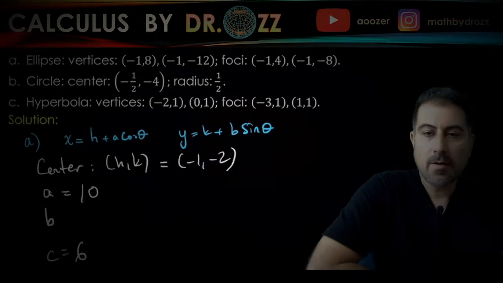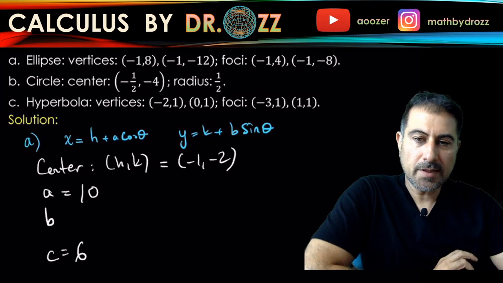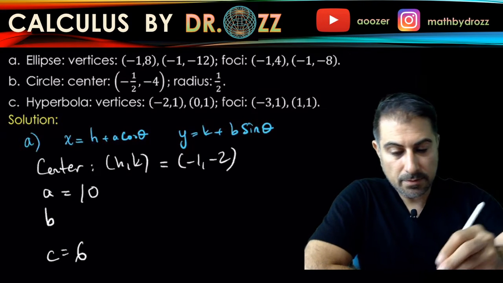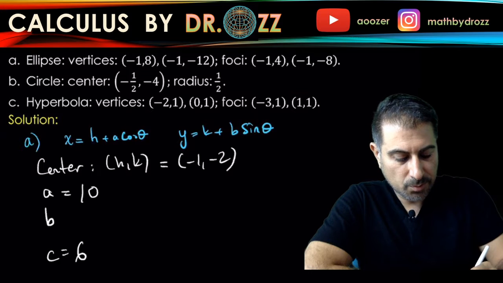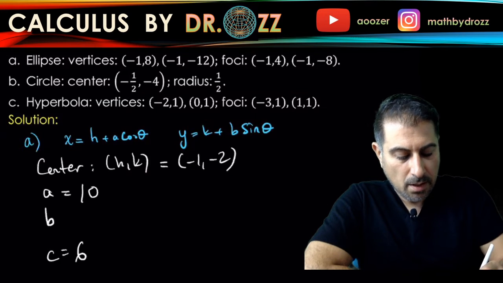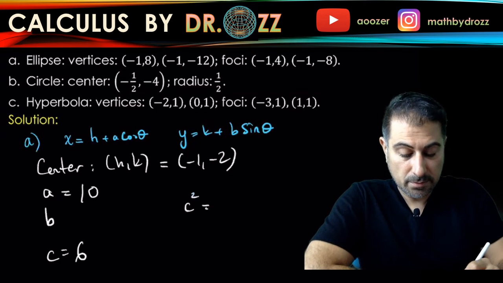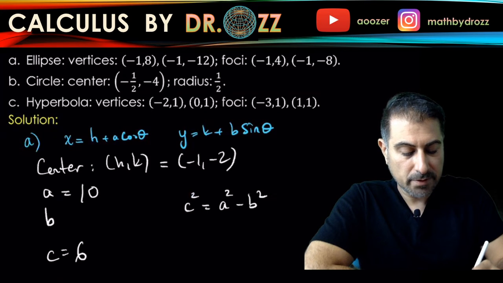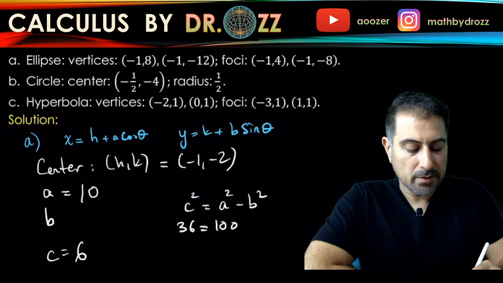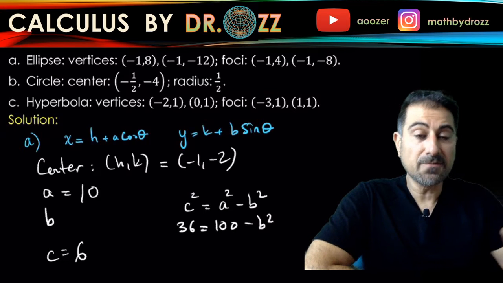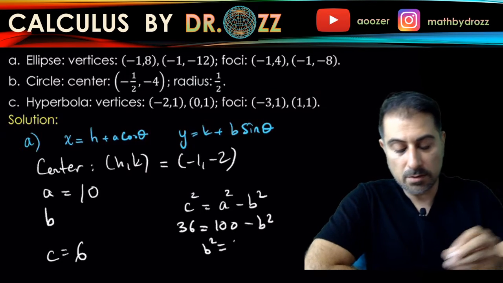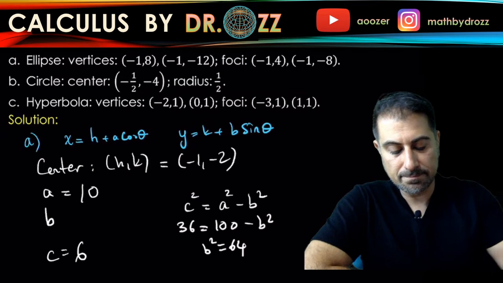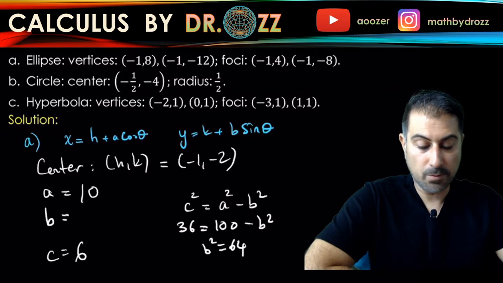Now, what is the relationship between a, b, and c? We have c squared equals a squared minus b squared. So c squared is 36, a squared equals 100, and b squared out of this should be 64. So b is supposed to be 8. All right, you're almost done.